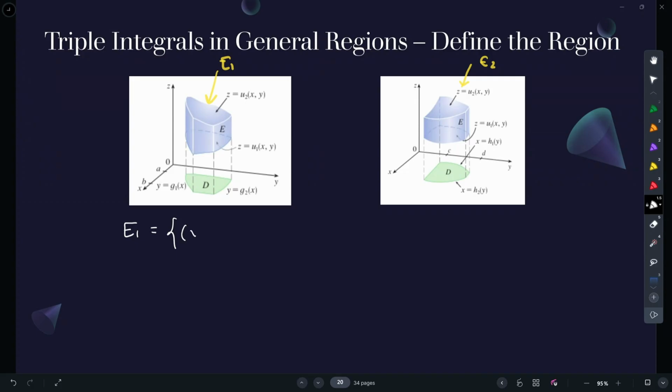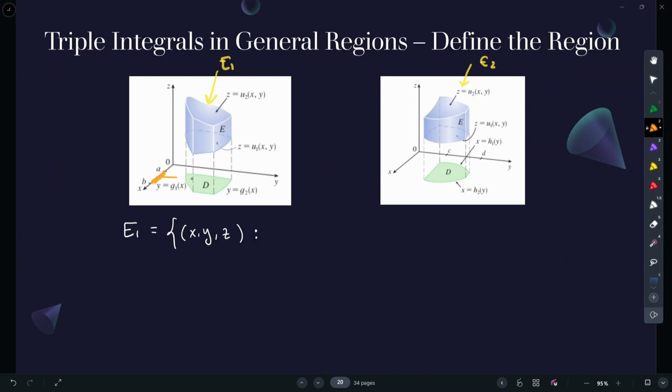In Cartesian coordinates, those are x, y, z's, such that in a type 1 region, remember that the x coordinate is the one in an interval. So the x coordinate here is going from a to b.